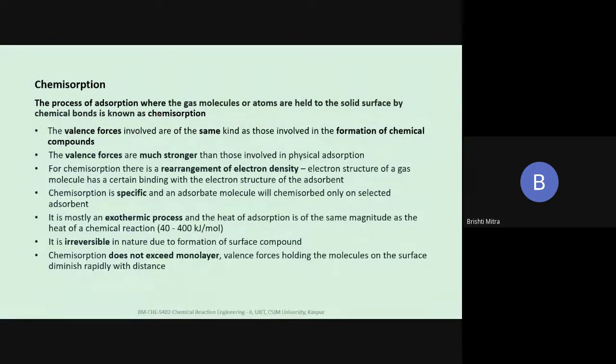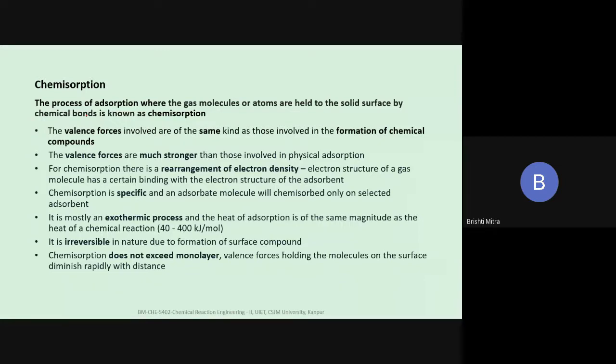The valence forces involved are of the same kind as those involved in the formation of chemical compounds. So when you form a chemical compound between two molecules or two species, the kind of bond forces that are involved, which are known as valence forces, the same kind of forces we see when we have a chemisorption process.